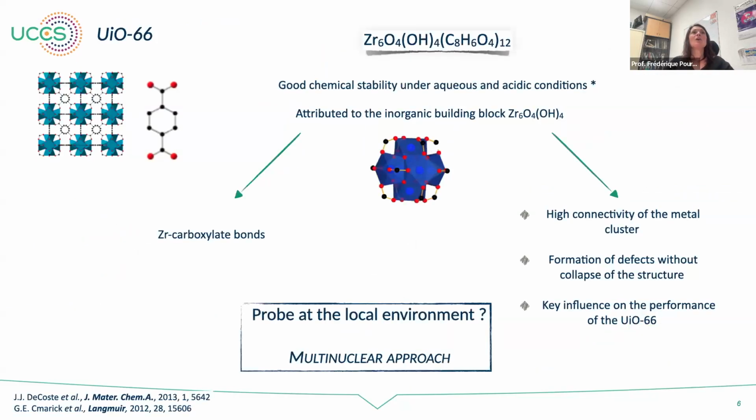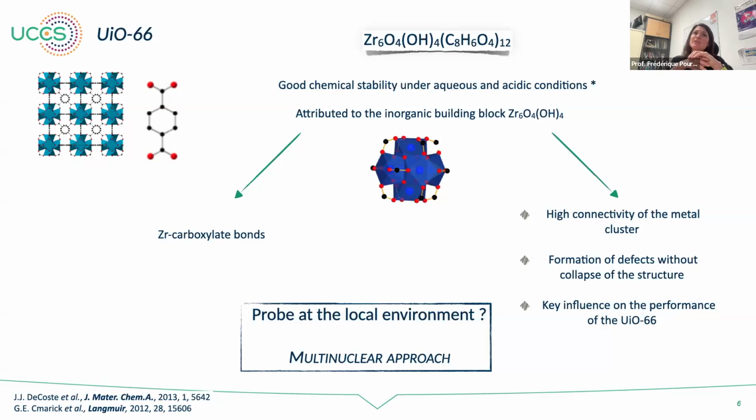So the sample that we're looking at today is the UiO-66, where you have the full name here. This sample is made of a zirconium cluster and terephthalic acid.